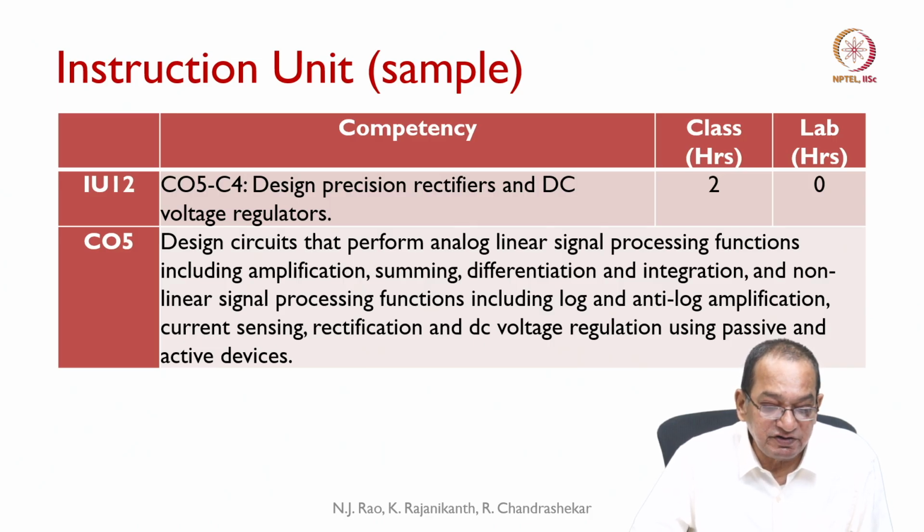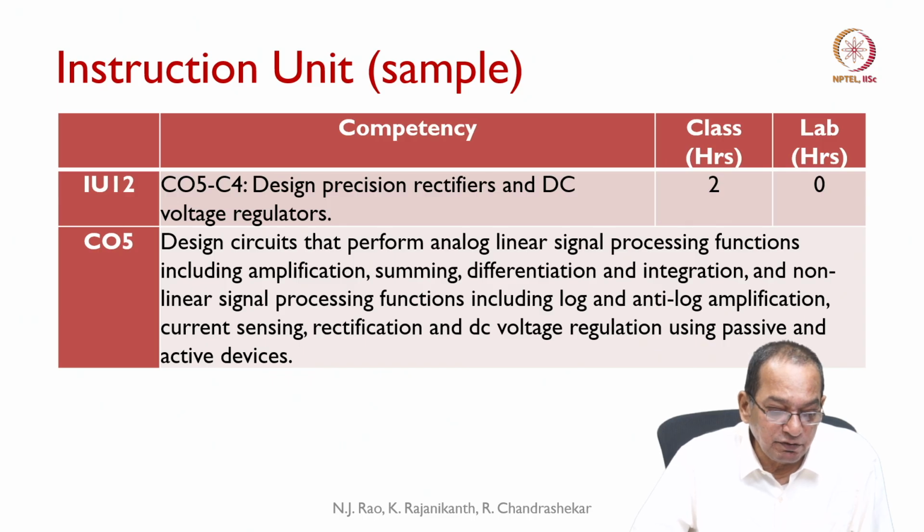So CO5 itself, so that we know the context in which this competency is being incorporated, CO5 itself is design circuits that perform analog linear signal processing functions, including amplification, summing, differentiation and integration, and non-linear signal processing functions, including log and anti-log amplification, current sensing, rectification and DC voltage regulation using passive and active devices.